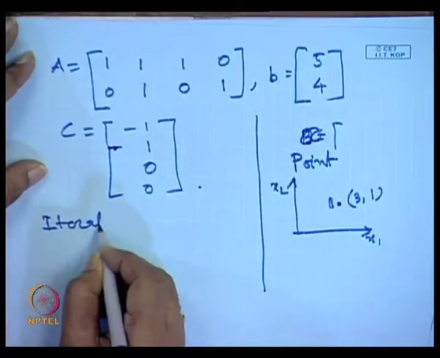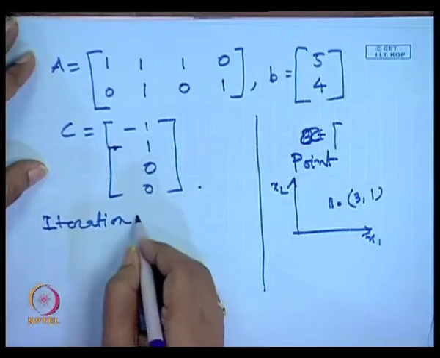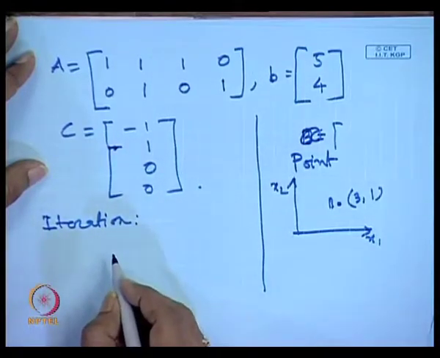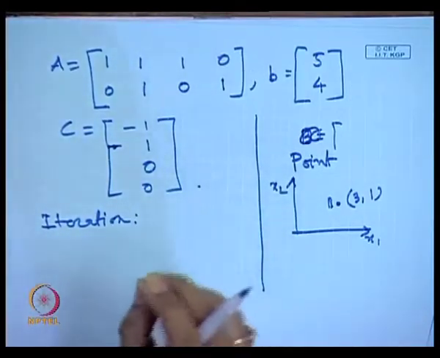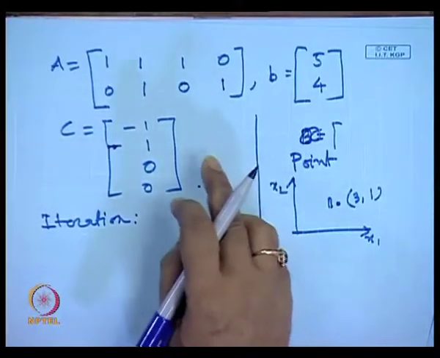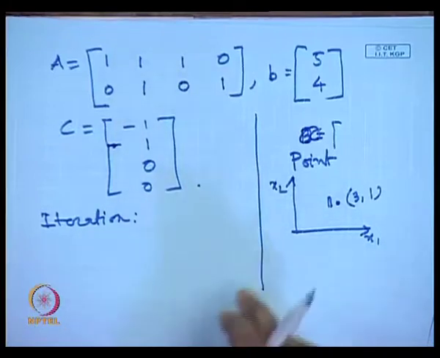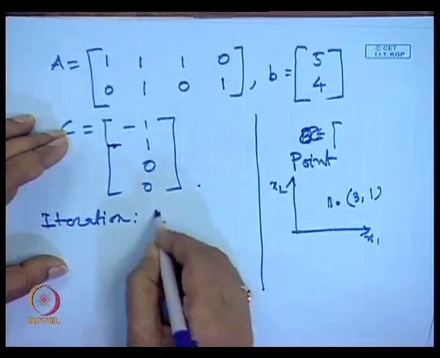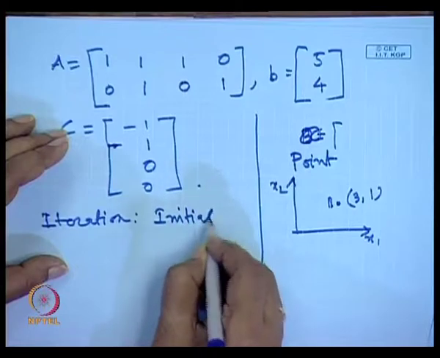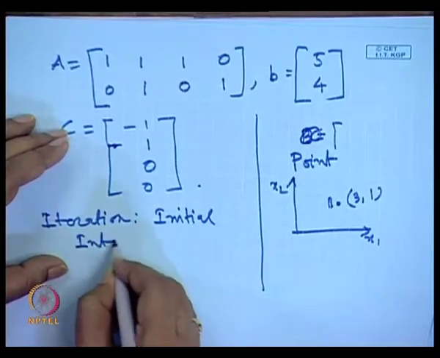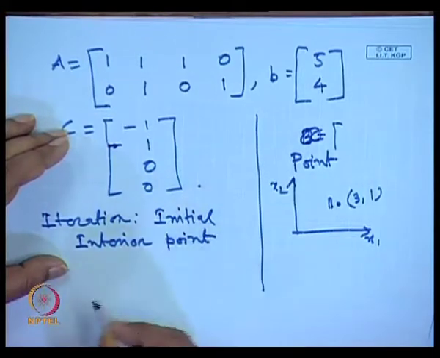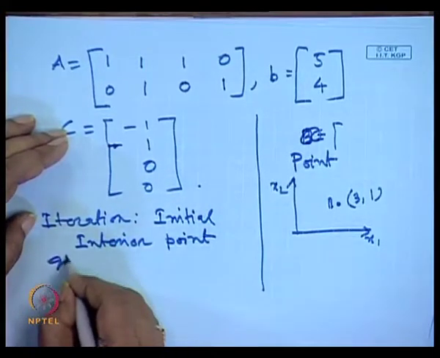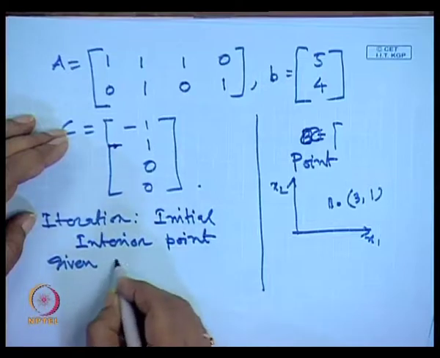Before starting the iterations, you have to see how many coordinates the initial interior point has. Here we have 4 coordinates, x1, x2, x3, x4. So, the initial interior point is given, or you have to find it.